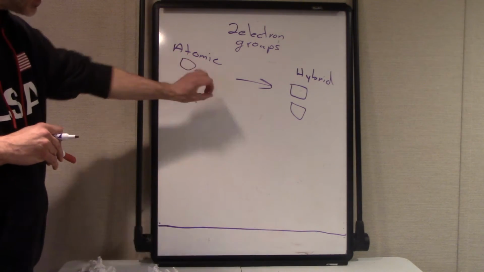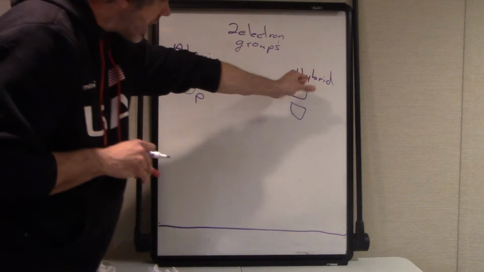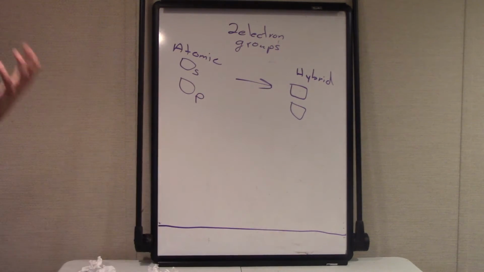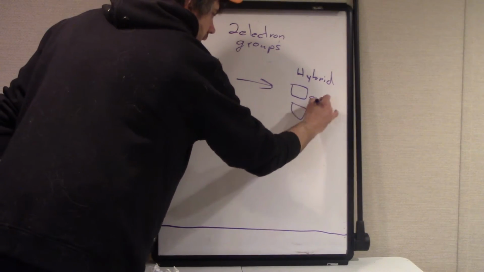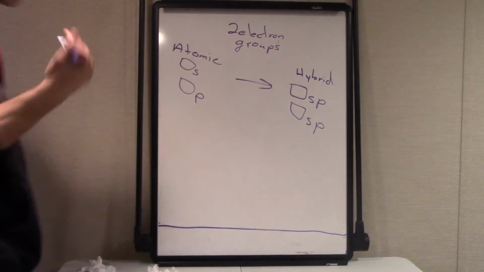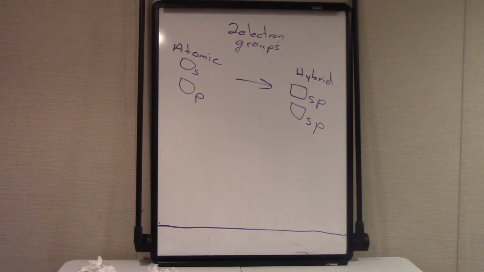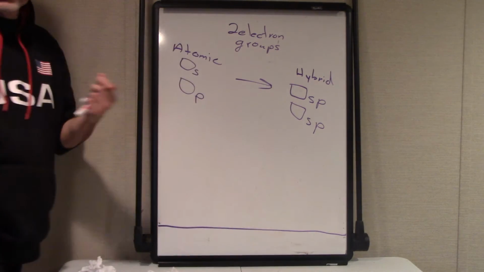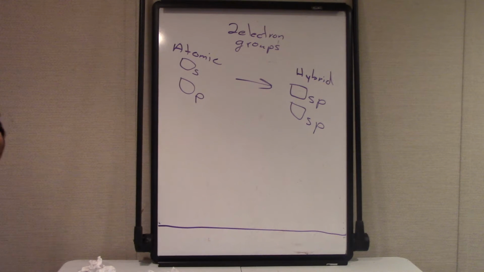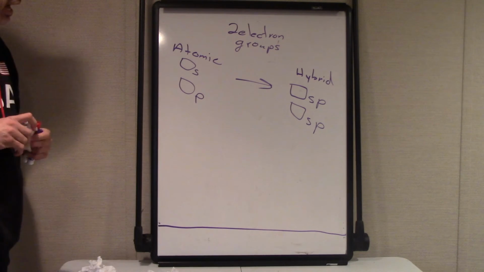Because I used an s and a p, these hybrid orbitals are going to have some of that character. So we get our sp hybrid orbitals coming out of that. Two electron groups, sp, these are going to come in that linear geometric orientation again. We get that linear electron pair geometry coming out of that.